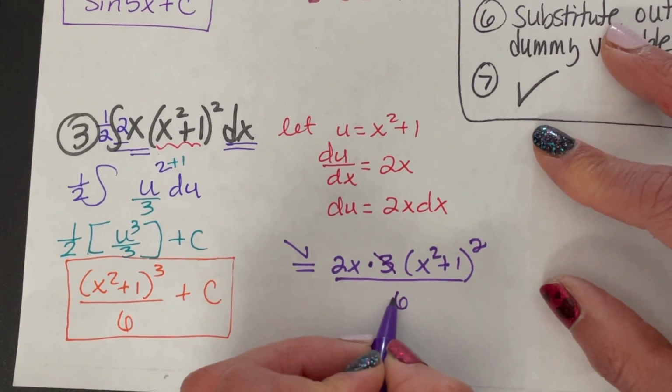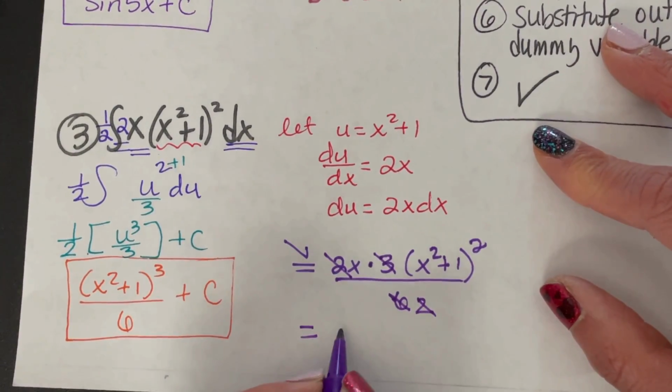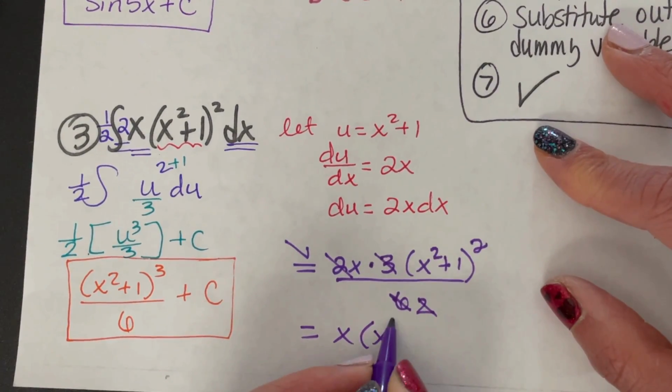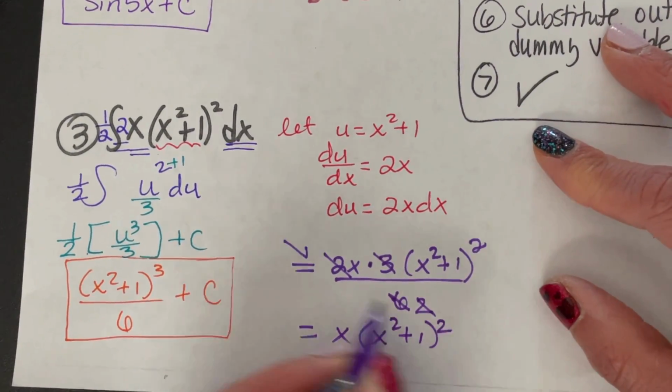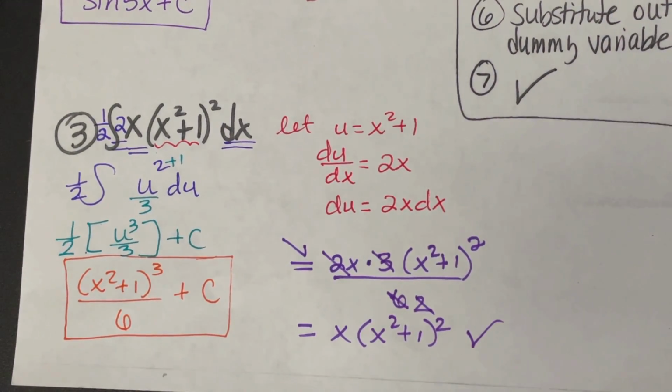Well, 3 goes into 6 twice, and then these 2's cancel, so all I have left is x times x squared plus 1 quantity squared, which is what I started with. So yay, it checks out. Woohoo! And that's number 3.